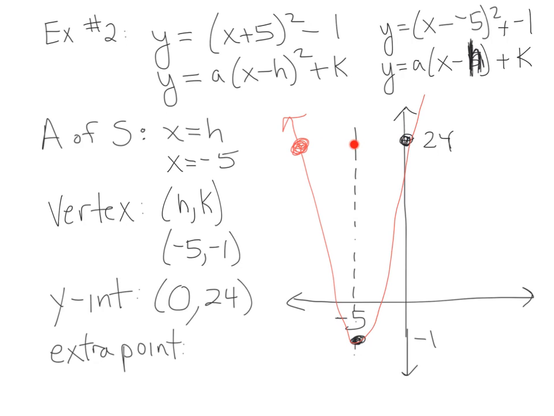So that must be backwards 10, at negative 10, and then 24. So the extra point must be backwards 10 and up 24. And I have my graph.